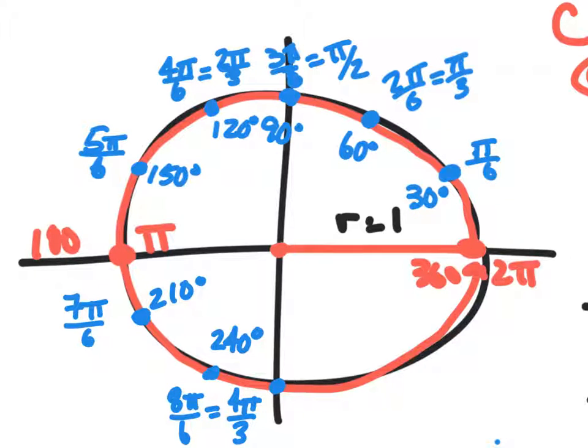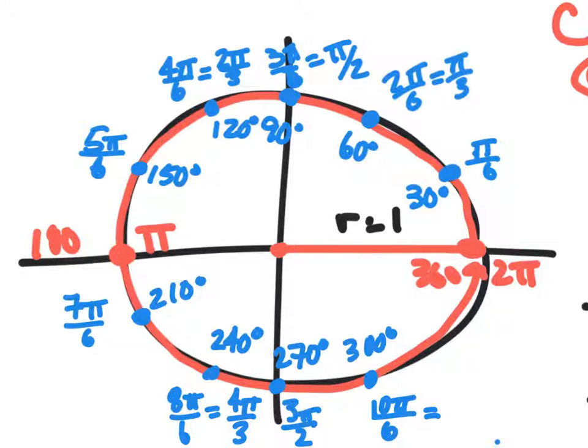Add another pi over 6, we're going to get 270, which we know from the previous video is going to be 3 pi over 2 radians. Add another, it's going to give me 300 degrees, which is going to give me 9 pi over 6, so 10 pi over 6 radians, which simplifies down to 5 pi over 3.